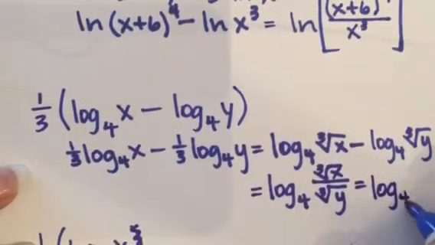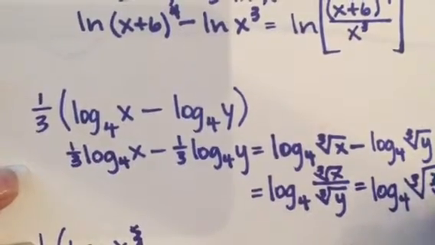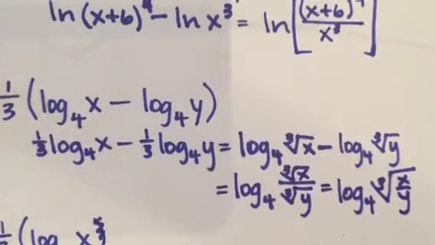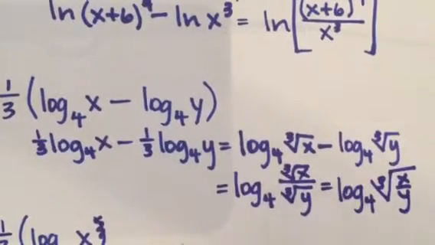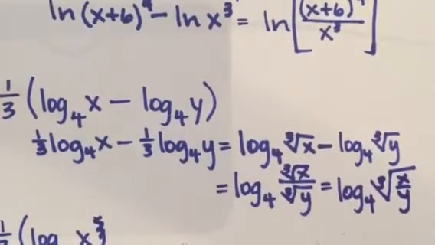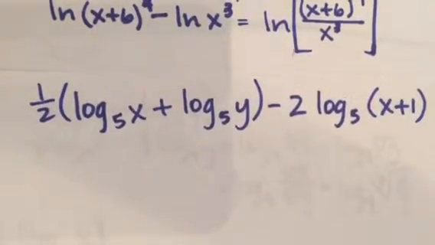Log base 4 of the cube root of x over y. Sorry about that. Okay, so either one of these are correct answers. Just recall that they are equivalent. All right, last example here. Now we're going to look at this one.